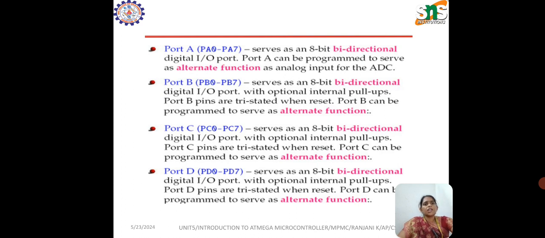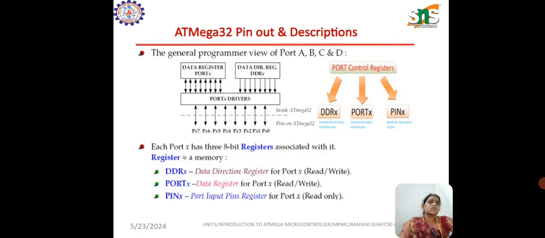It serves as an 8-bit bidirectional digital input output port with optional internal pull-ups, and port B pins are tri-stated when reset. Port C is PC0 to PC7, an 8-bit bidirectional digital input output port with optional internal pull-ups, whereas port D serves as an 8-bit bidirectional digital input output port with optional internal pull-ups, and port D pins are tri-stated when reset. So this is a general programmer's view of port A, B, C, and D.